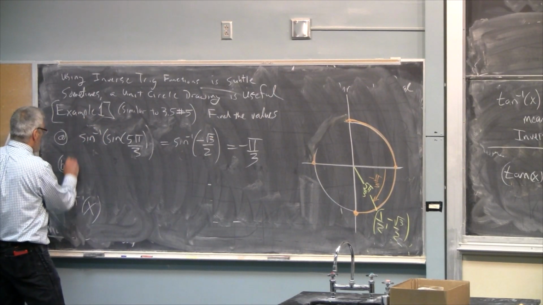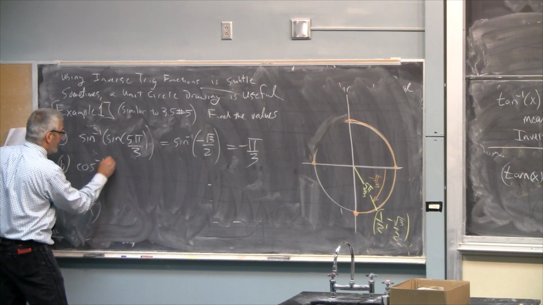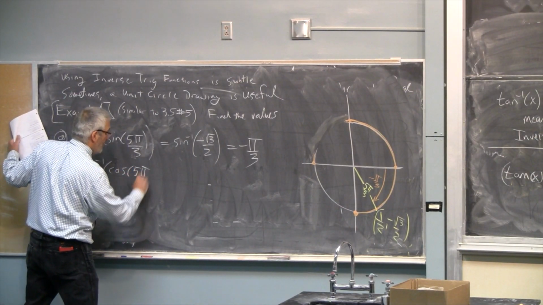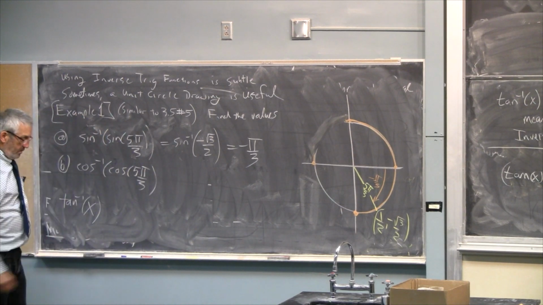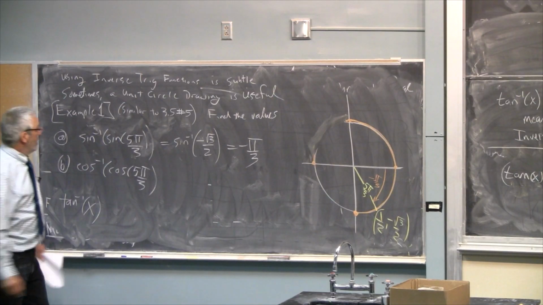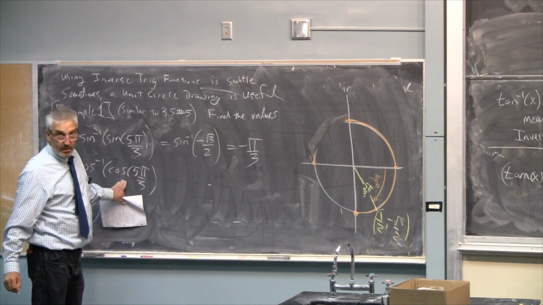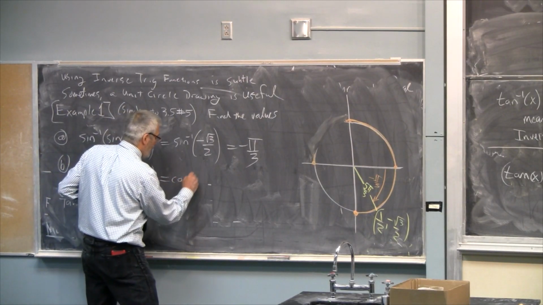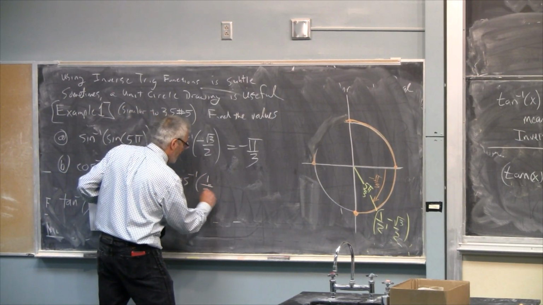Now, B, how about cos inverse of cos 5 pi over 3? Well, what's cosine of 5 pi over 3? Yeah, so we're doing cos inverse of 1/2.